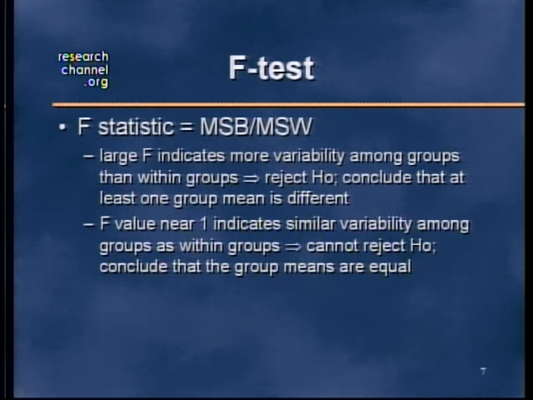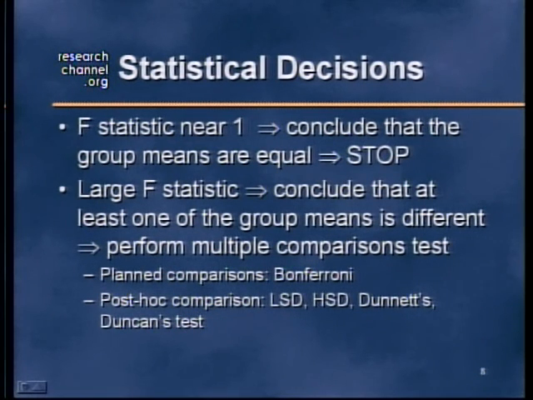And this would be a situation where we would not be able to reject the null hypothesis. We'd conclude that the group means appear to be equal. So our main aim is to interpret this F statistic. So with an F statistic near 1, we'd conclude that the means are equal, and we don't have to do anything else.